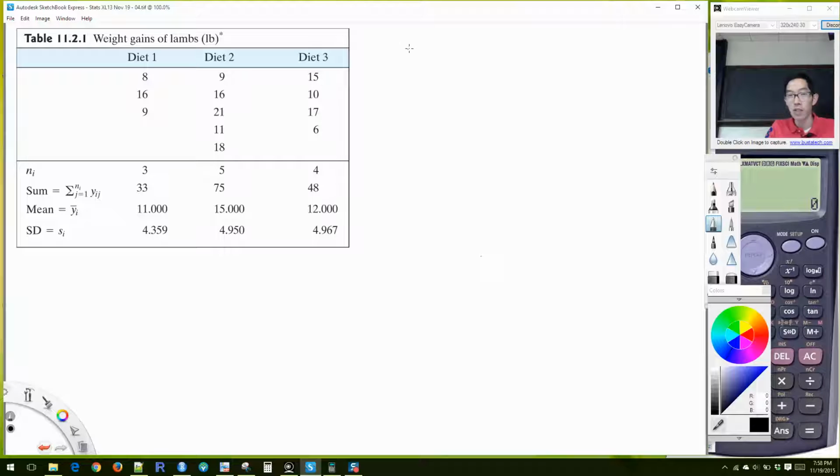And the question is, is there a difference in the amount of weight these lambs gain? Or maybe the question really is, do the different diets cause the lambs to gain different amounts of weight?